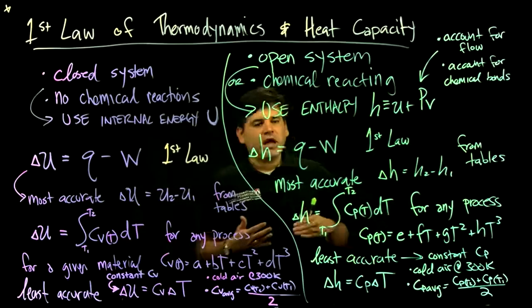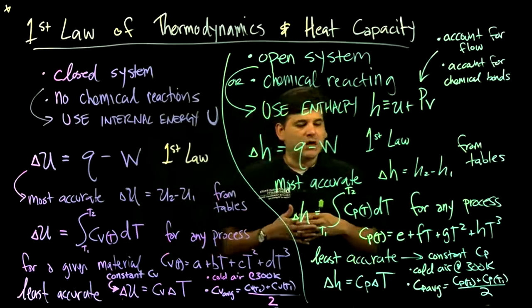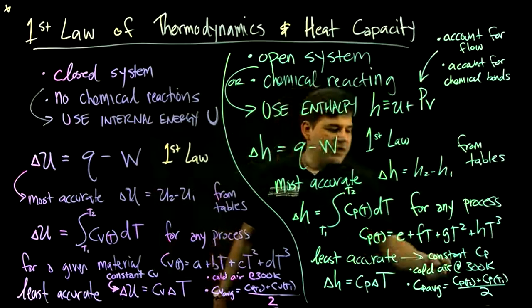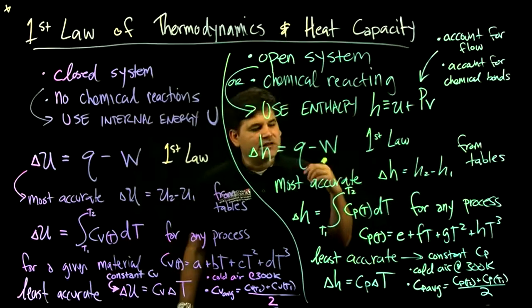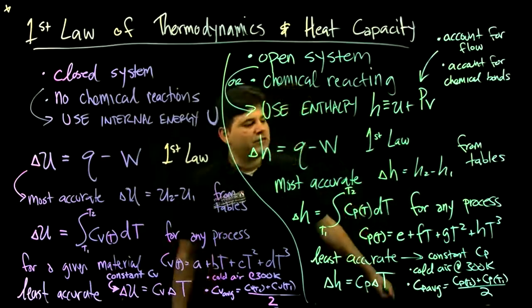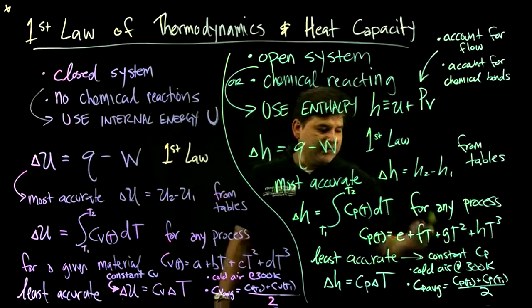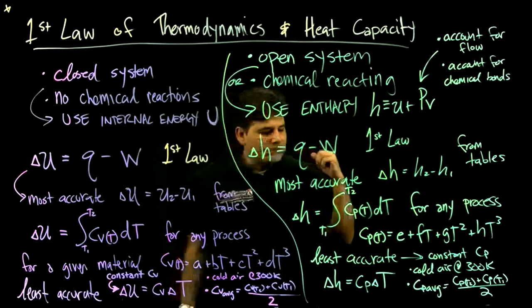That is one of the big reasons why the equations of the cold air standard are inaccurate: you pick the heat capacity at 300 Kelvin and the temperature goes much higher than 300 Kelvin, and that changes the heat capacity significantly, so it becomes less accurate.